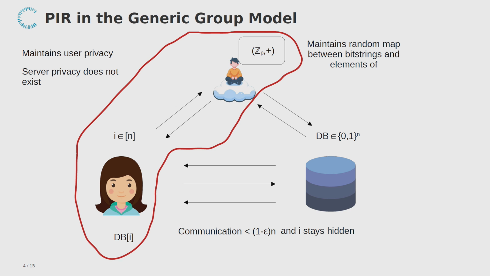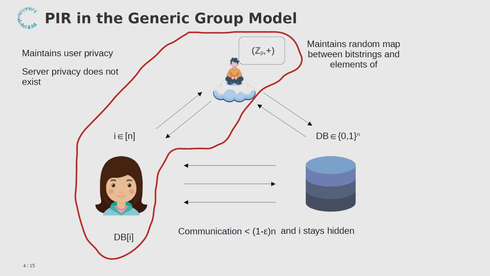So the user protects their own privacy. This red circle is supposed to mean the user simulates this oracle. And now that the user simulates this oracle, I still stays hidden, because the oracle still behaves honestly.